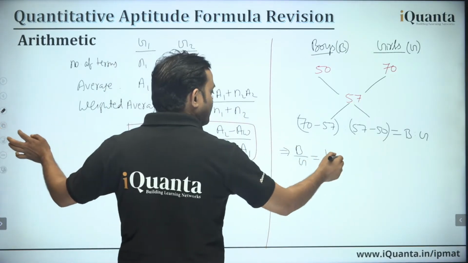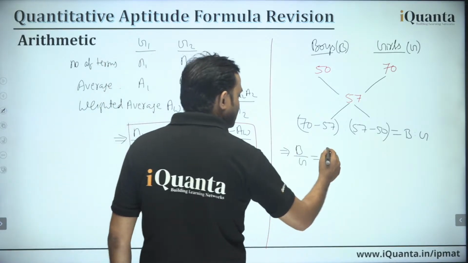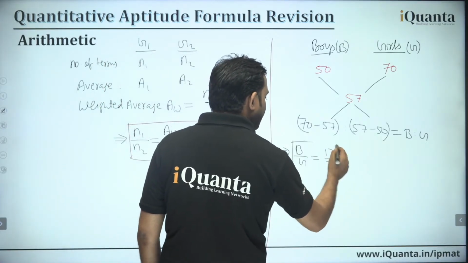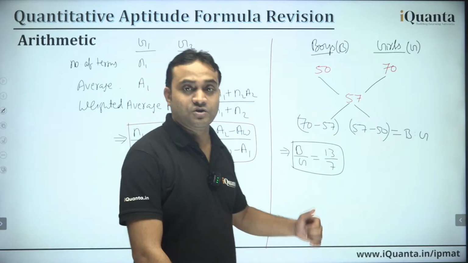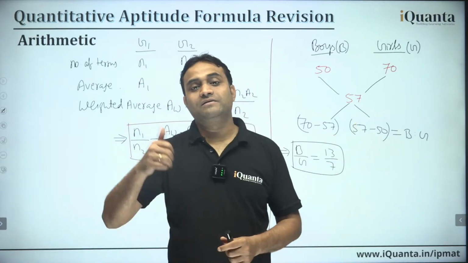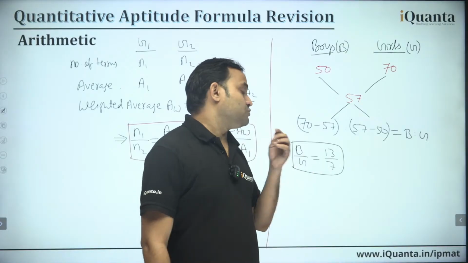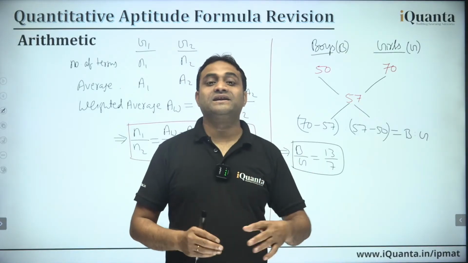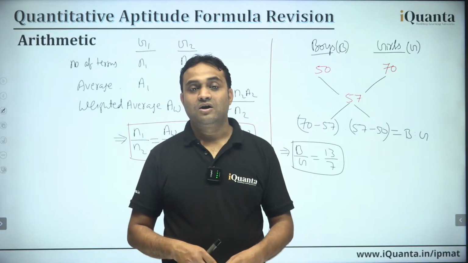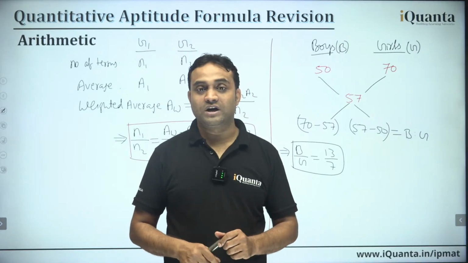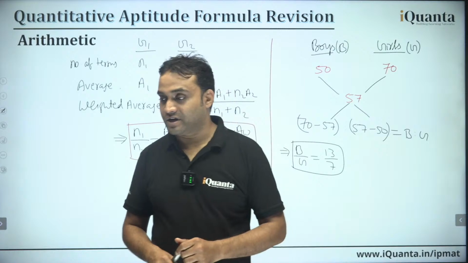So this is how we can use allegation. Whenever we have three different kinds of averages, the average of one group, the average of the second group, and the weighted average of both the groups, you can use this method to find the ratio of number of terms in group 1 and group 2.